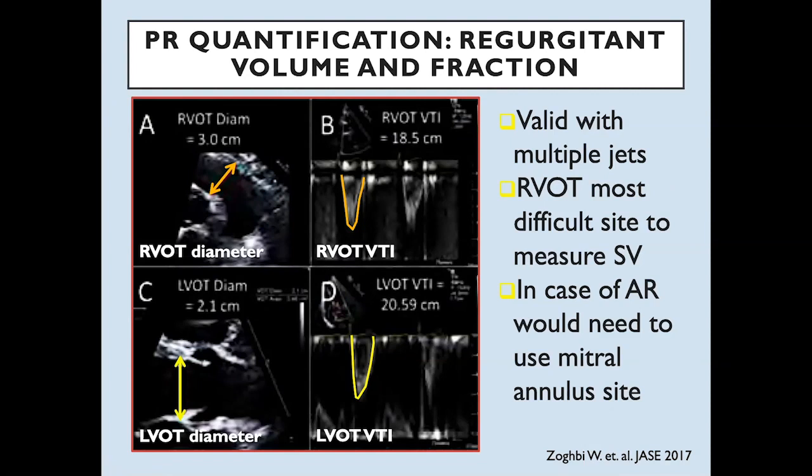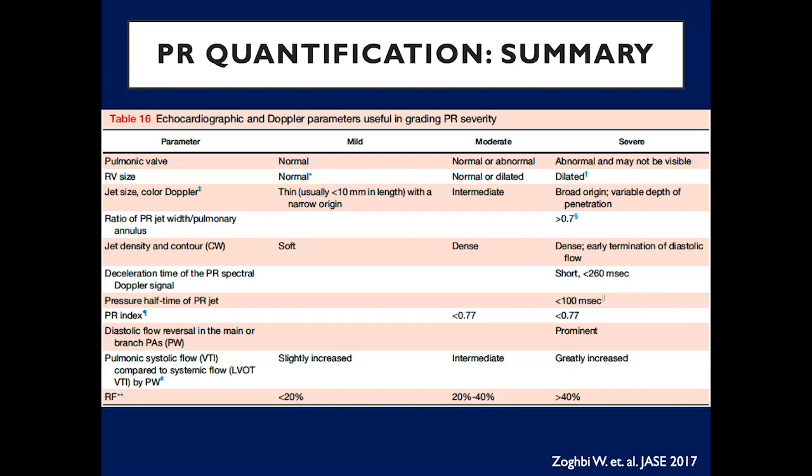And the right ventricular outflow tract, as we mentioned before, is really the most difficult site to measure stroke volume. And in the case of aortic regurgitation, you may need to use the mitral annulus site for the stroke volume. Now, the guidelines tell us that regurgitant fraction for pulmonary regurgitation quantification is mild less than 20%, moderate 20 to 40%, and severe greater than 40%.